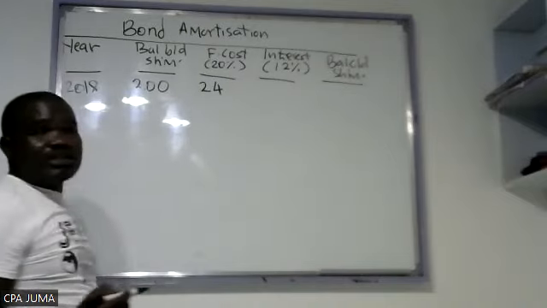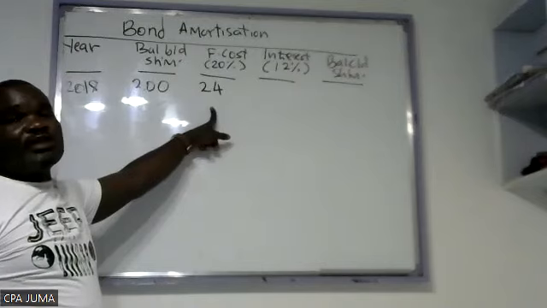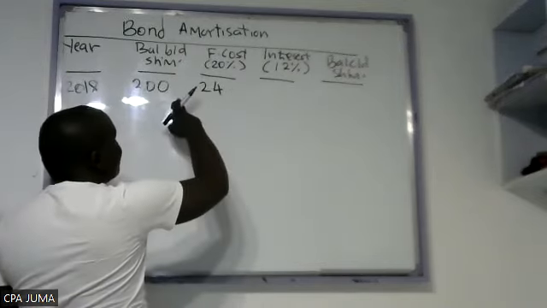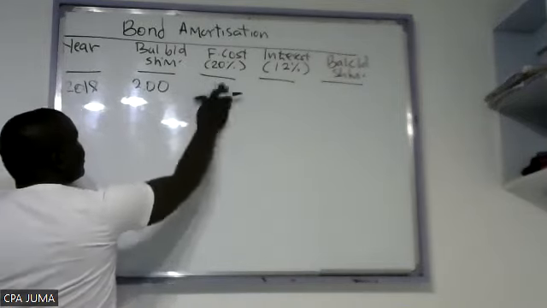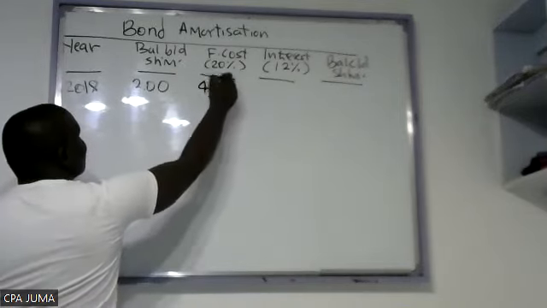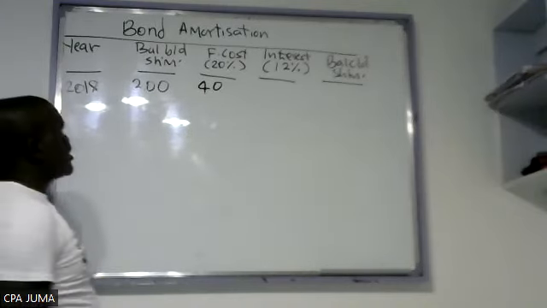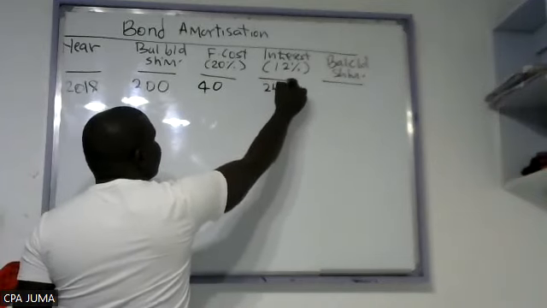So you will increase the principal with the cost of financing, then you subtract the actual. 20% of 200 should be 40, if I'm not wrong. That is 40, sure. Then 12% of 200 is the one which will be 24.